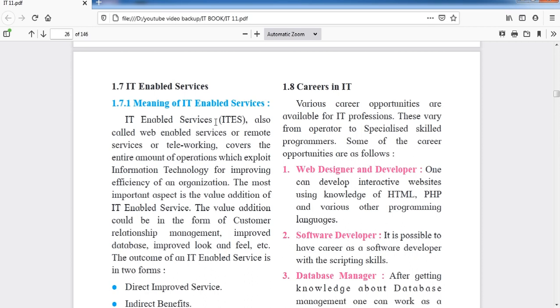How may they do it? They use information technology to improve their relationship with the customers. We all know there are many call centers. When we get calls from call centers, they are providing us such offers, like plans.